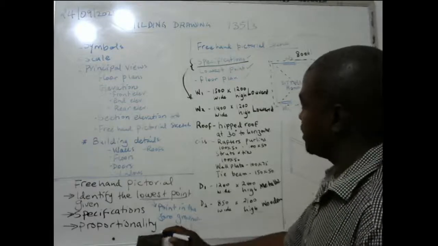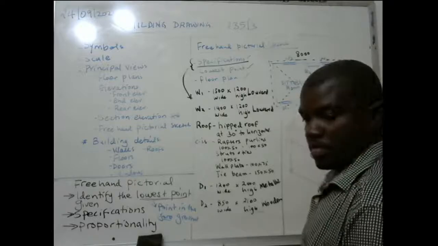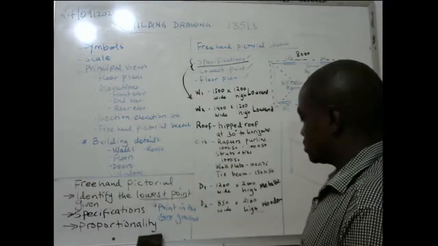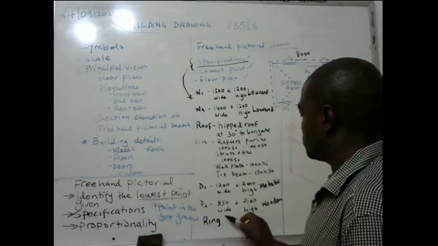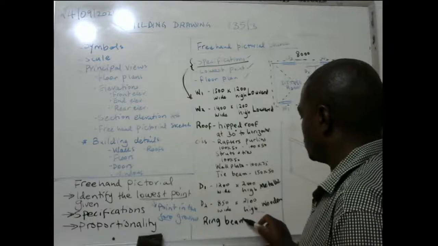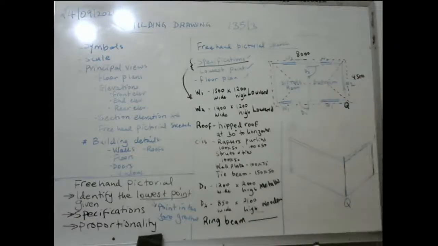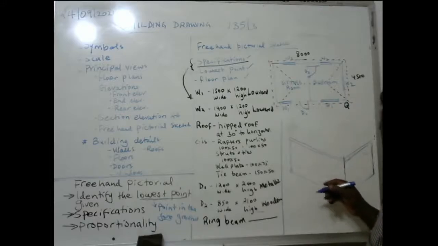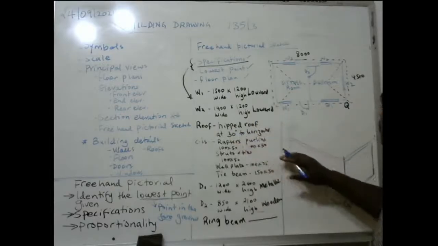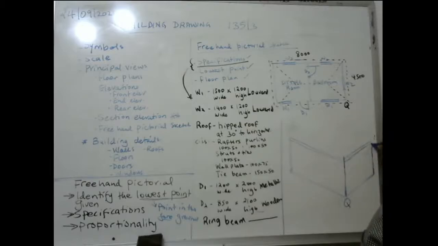It is also given under specifications. You can be given the specifications of the ring beam. Some information may be given about the ring beam. So this ring beam can be at a certain height, but based on these specifications, you'll be able to use it somehow.